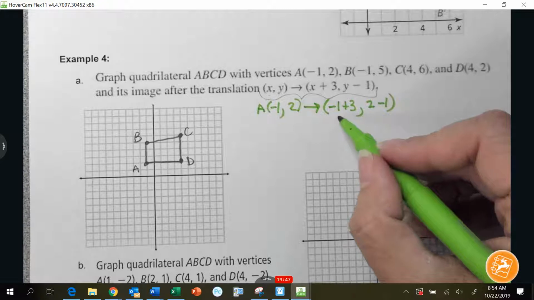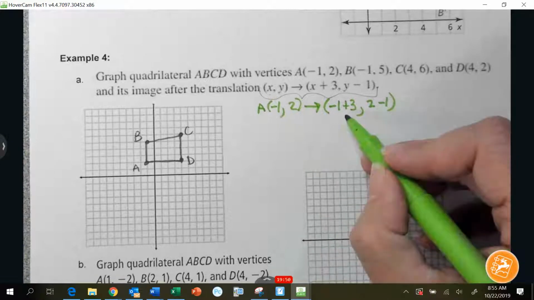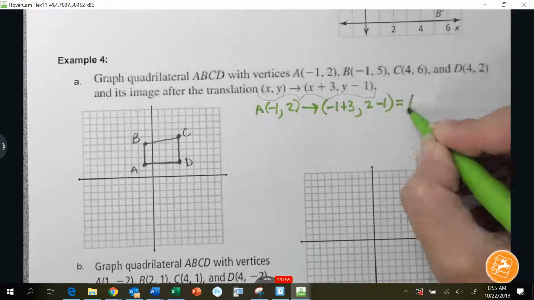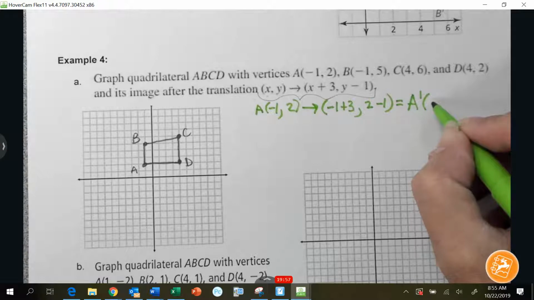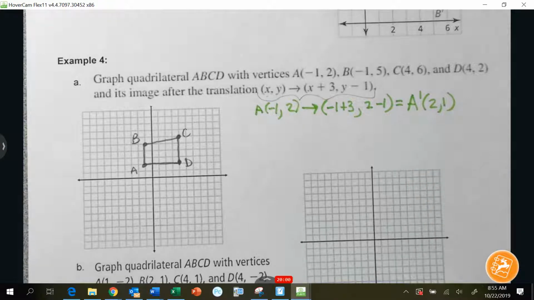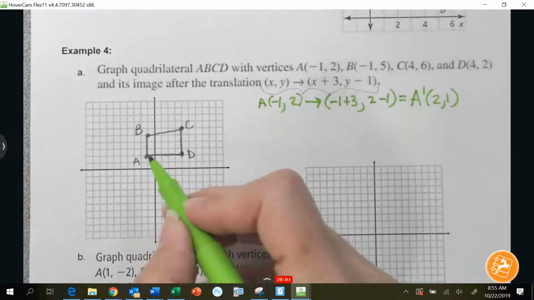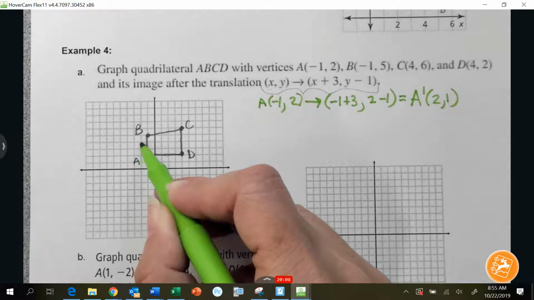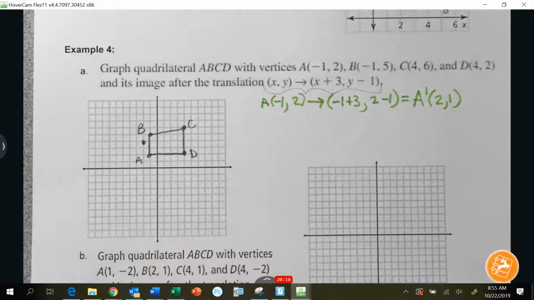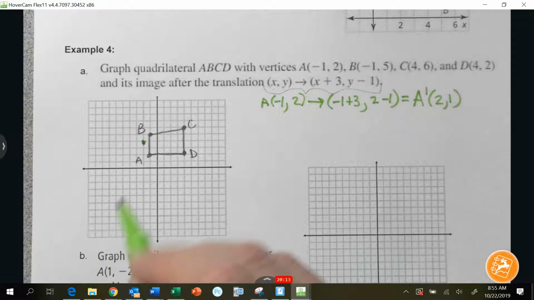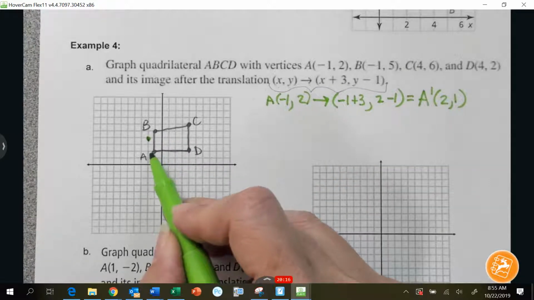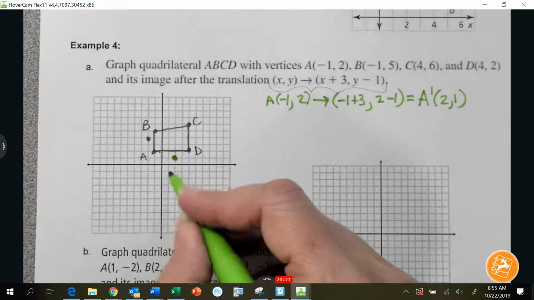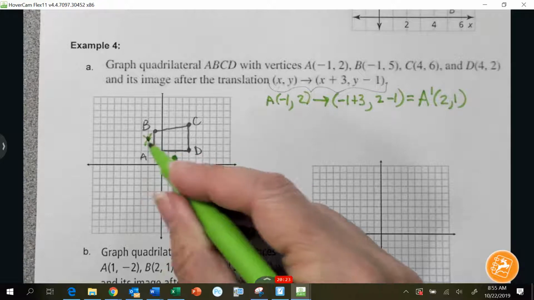All I have to do is take my original ordered pair, -1, 2, and then add 3 to the x's, take away 1 from the y's, and I get A prime is what? 2, 1. I can also do that on the graph by going right 3, down 1. There's my A prime.